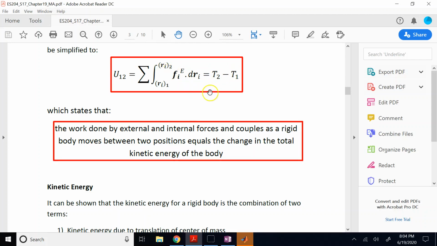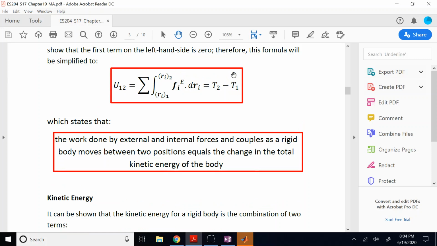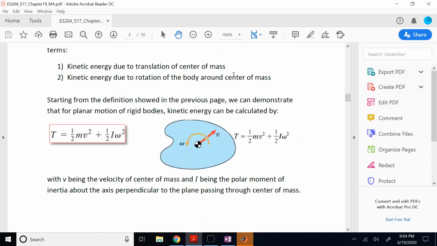Now, one of the big changes when we want to do it for a rigid body compared to a particle is kinetic energy does not come only from a linear velocity v. In other words, if you have an object that basically has linear velocity, different points have different linear velocities. So this v that we show here is v of the centroid.